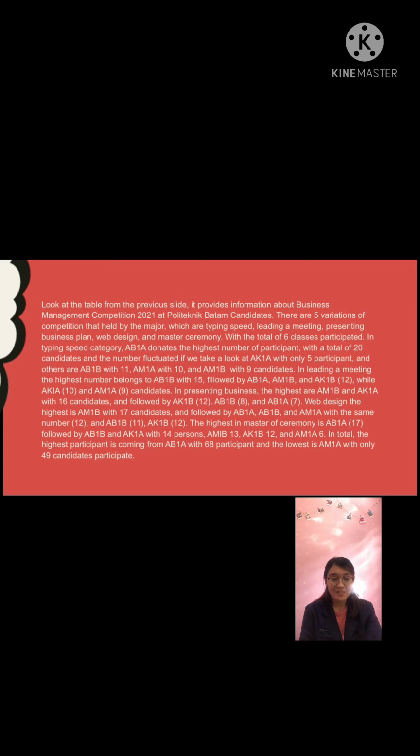In the typing speech category, AB1A donates the highest number of participants, with a total of 20 candidates and the lowest number, if we take a look at AK1A, with only 5 participants, and the others are AB1B with 10, AM1A with 10 candidates and AM1B with 9 candidates.